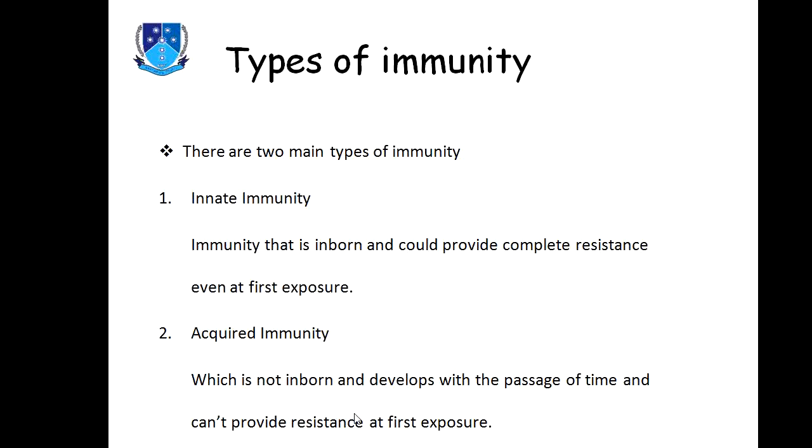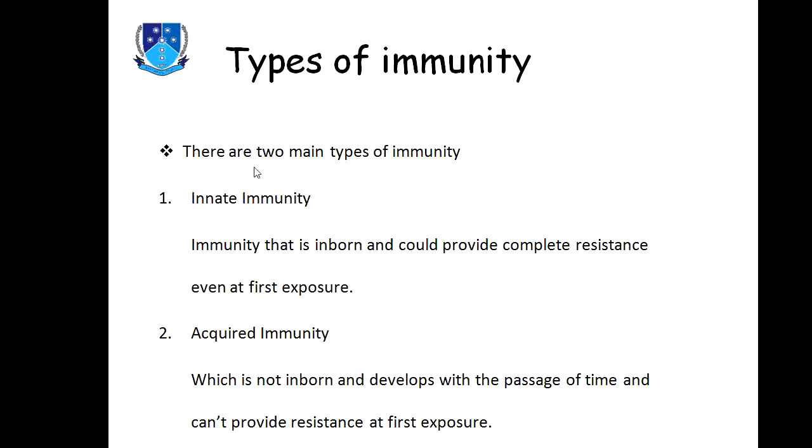Innate immunity is the inborn immunity which could provide complete resistance even at first exposure. Innate immunity starts development during the development of the fetus inside the mother's womb. When the mother gives birth, the baby should have an intact form of innate immunity.